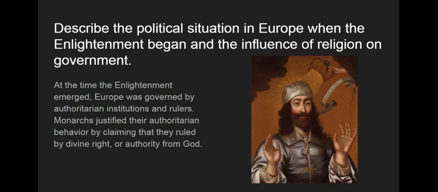Basically, that's just referring to the monarchs, okay, the kings and queens, or the czars like Ivan the Terrible. Monarchs justified their authoritarian rule, having that absolute power, by claiming that they ruled by divine right or authority from God. This should be familiar to you from Unit 1.